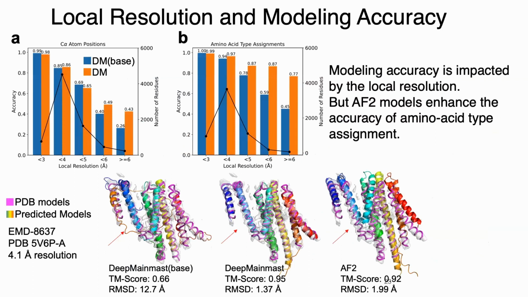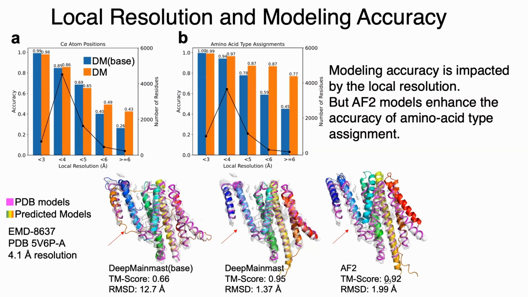If the resolution is better than 3 angstrom, almost 98% of the positions are correctly modeled. But at 5 or 6 or worse than 6 angstrom local resolution, the performance dramatically drops.